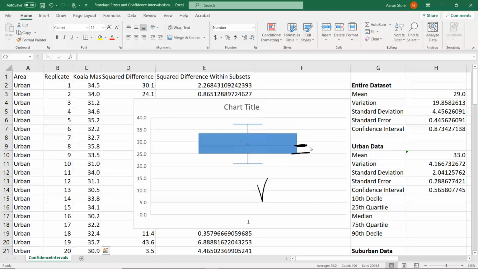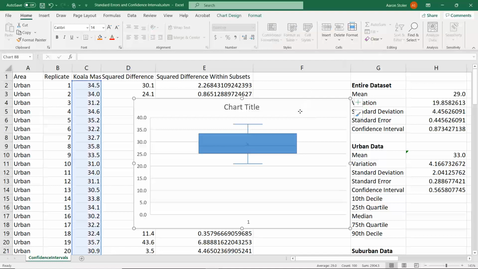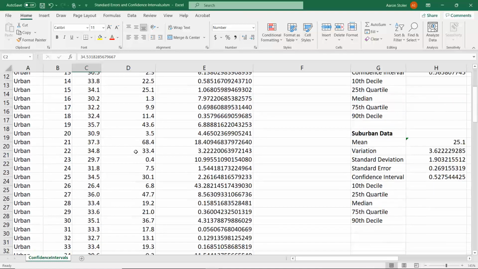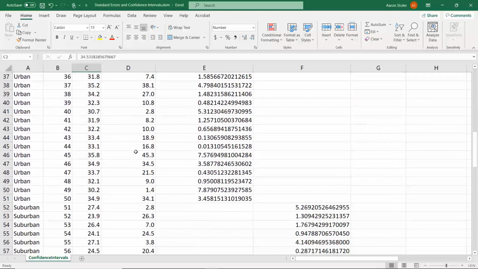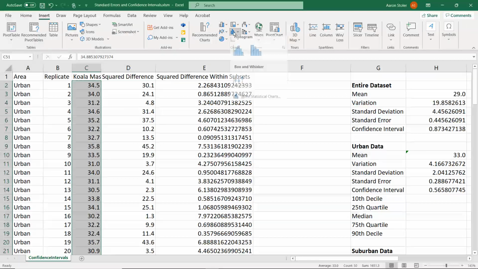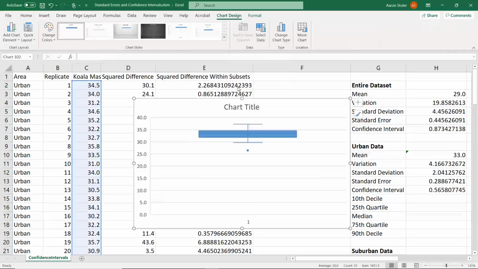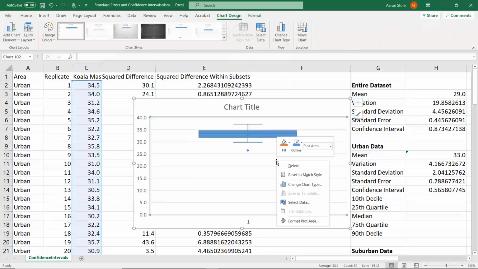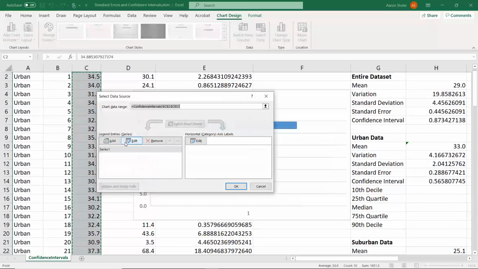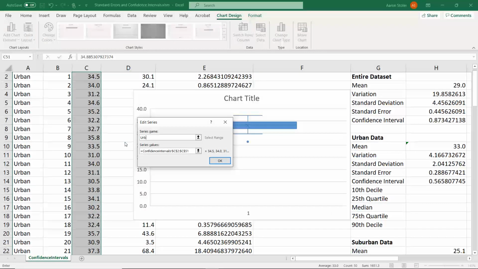Let's go ahead and do this for our suburban and our urban data sets. The way that we can do that is by selecting only the urban data, inserting a box and whisker plot, and then right-clicking on this and saying Select Data. Let's edit this series to say Urban, and then we'll add a series here.